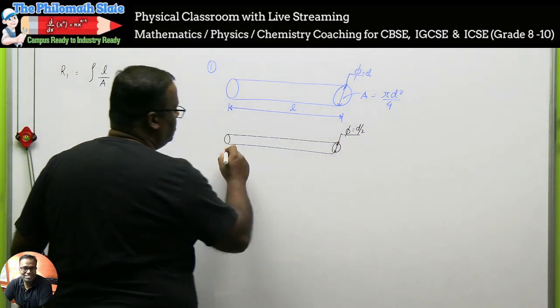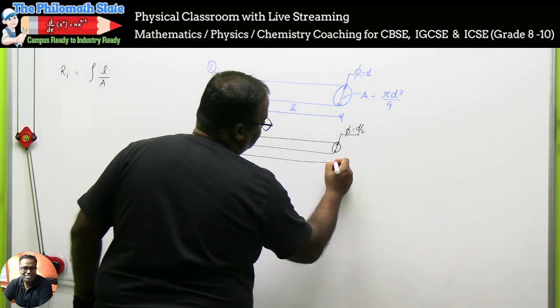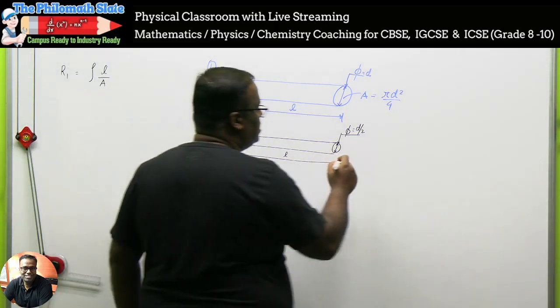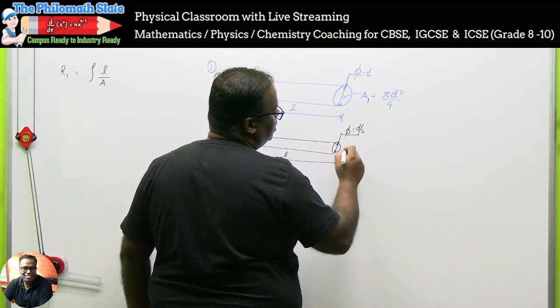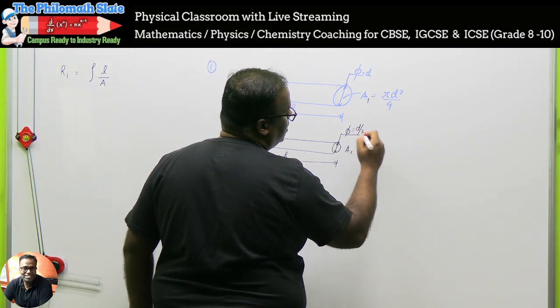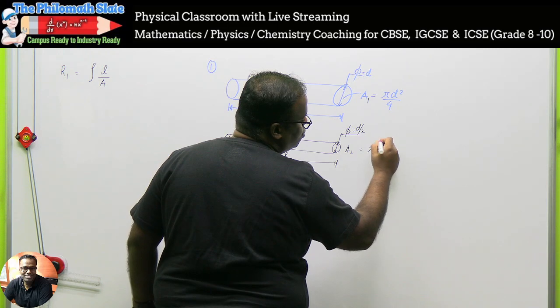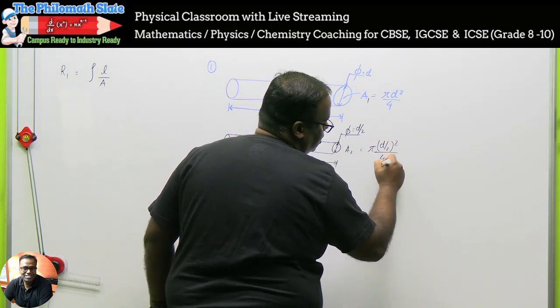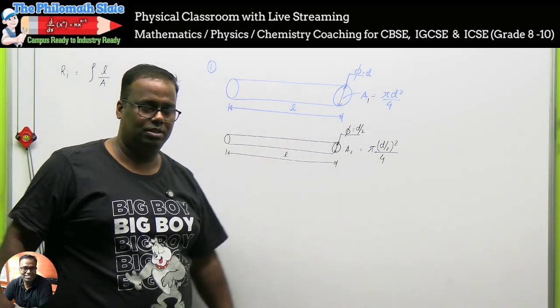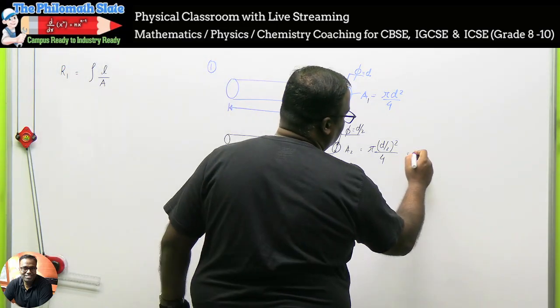लेंथ को कितना रखा बेटा? लेंथ को L ही रखा. लेंथ इज केप्ट एज L. और तो इसका एरिया कितना होगा जरा देखो तो. This is A1 now. A2 कितना हो जाएगा? Pi, it will be d by 2 square by 4. New diameter is half of that, right? So इसको करेंगे तो कितना आएगा?